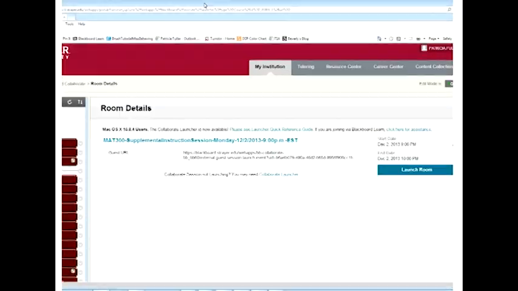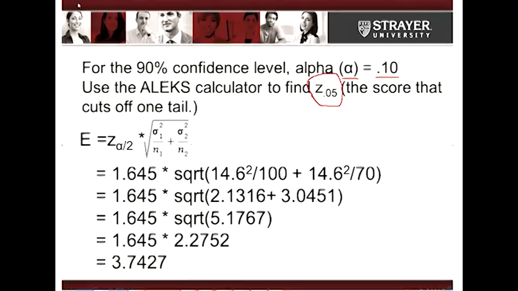Let me pull up that calculator for you real quick. It'll take me a minute because I'm in the wrong class. There we go. So we'll multiply that critical z-score times that standard deviation that I gave you.